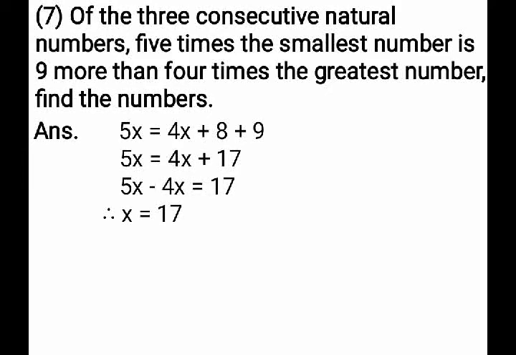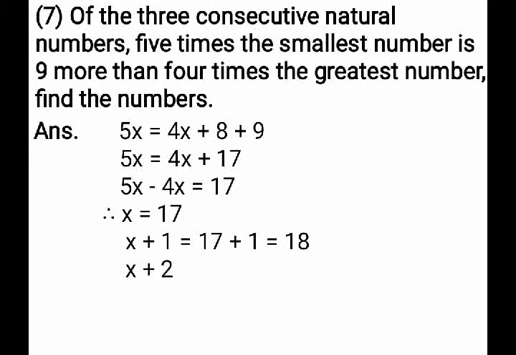If second consecutive natural number is x plus 1, you have to substitute the value of x is equal to 17. That is 17 plus 1 is equal to 18. If third consecutive natural number is x plus 2, you have to substitute the value of x is equal to 17.